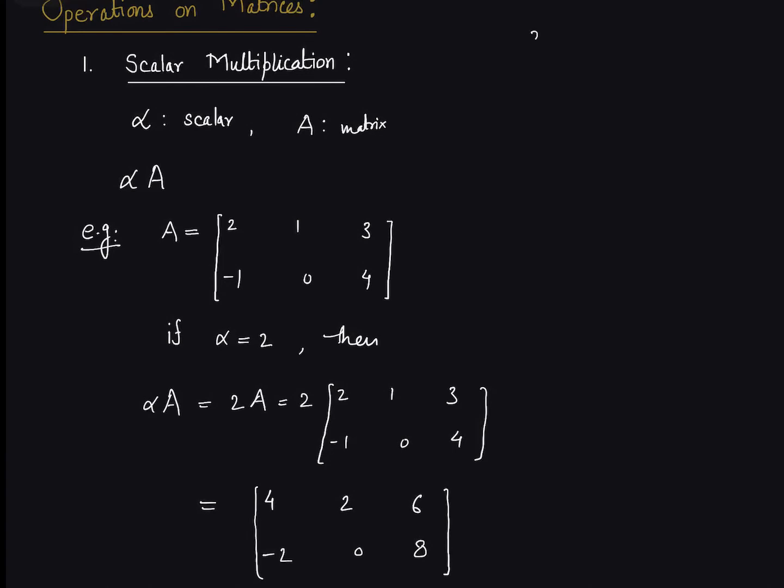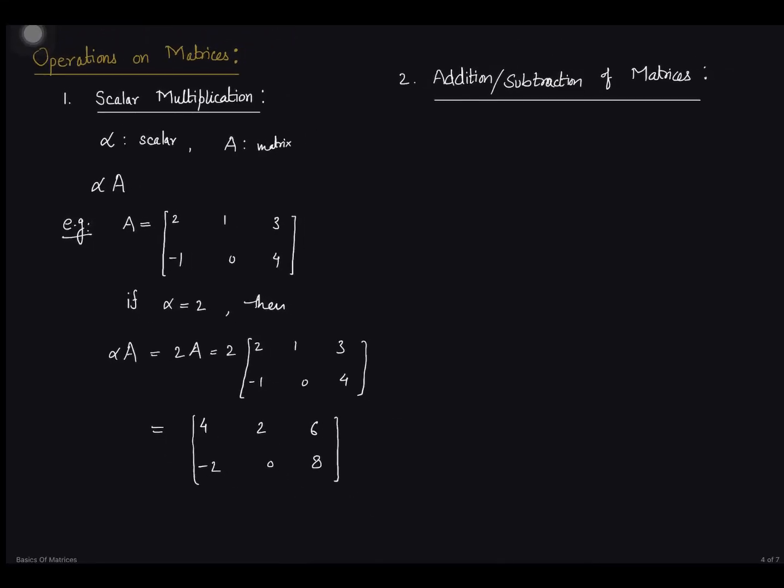Second operation which we will define, so you can add or subtract 2 or more matrices if they are of same order. That means order must be same for this operation. So if you have matrix A and B, they should be of same order. Otherwise the addition or subtraction will not exist. And how we will do these operations? So let us see with the help of an example. Basically we will do the component wise addition or subtraction.